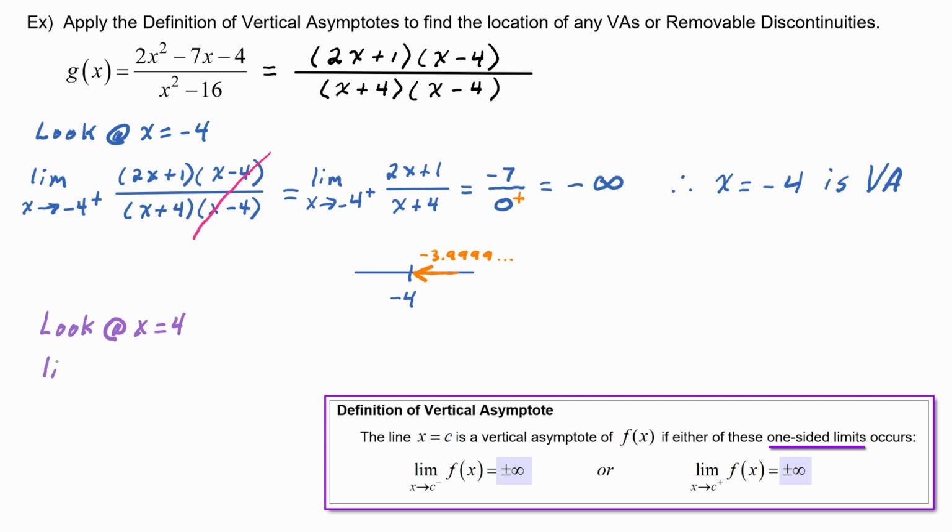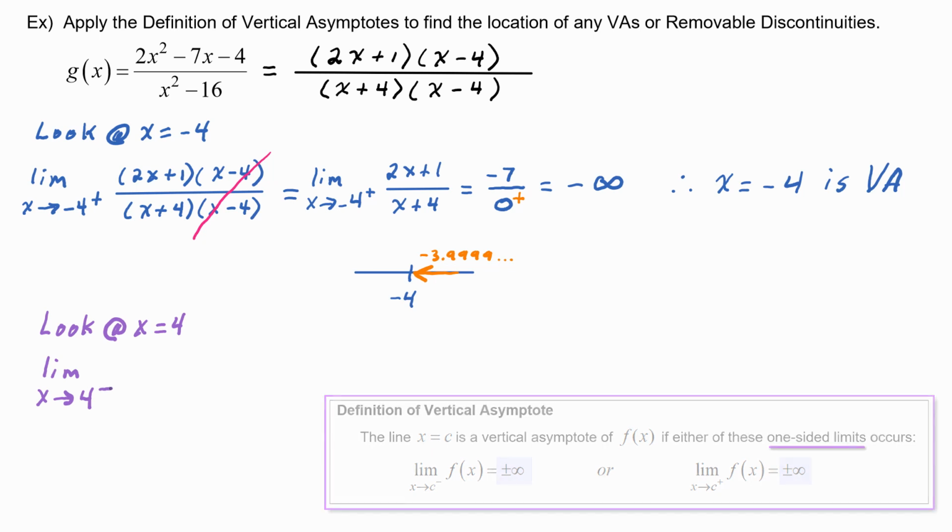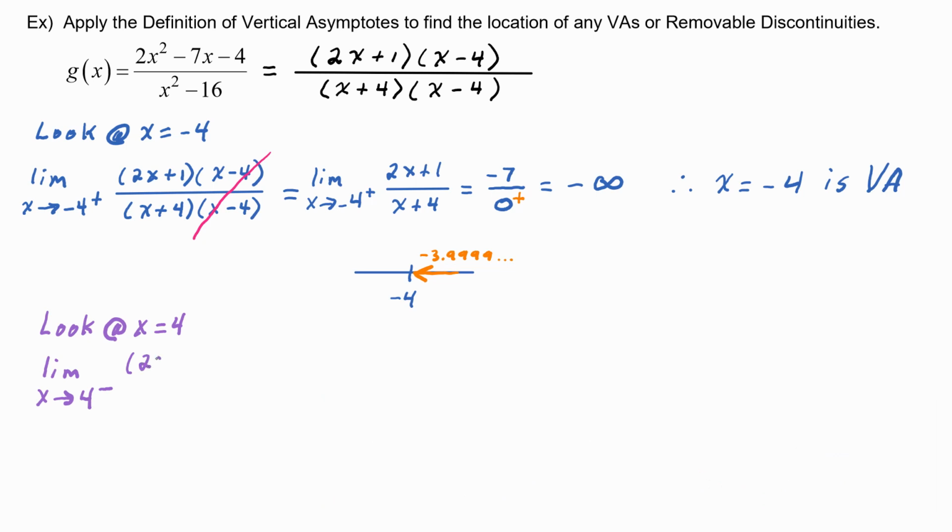So if we do the limit as x approaches 4, and we can do the right or the left, maybe this time we'll come in from the left, we have 2x plus 1 times x minus 4 in the numerator over x plus 4, times x minus 4 in the denominator.